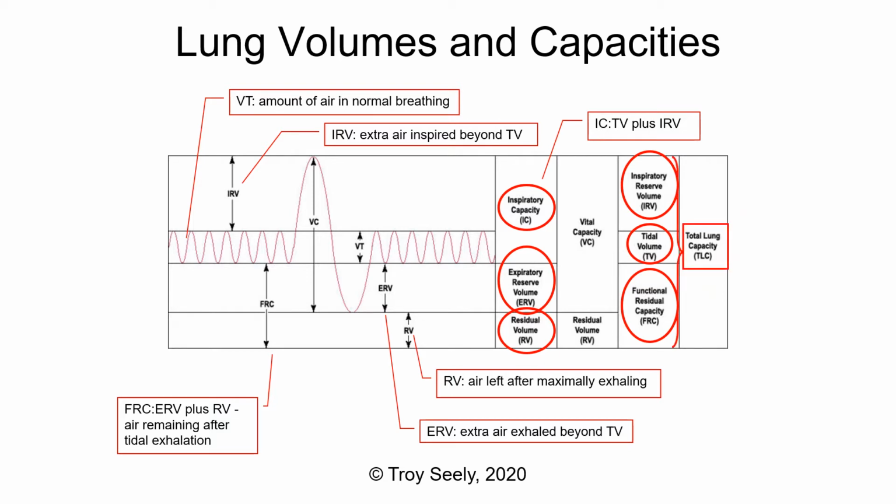Putting this all together is our total lung capacity. And if you wanted to, you could take your total lung capacity and split it up a little bit more in the realm of vital capacity, which is inspiratory reserve volume, tidal volume, and expiratory reserve volume, as well as the remaining residual volume that's here.